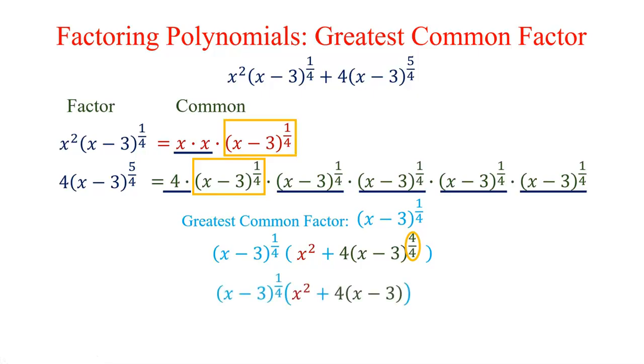So when I simplify that, I'll eliminate this 4/4. So we're almost done with our answer. This 4 times x minus 3, that can be distributed. So the 4 to the x and the 4 to the technically negative 3. So when I distribute that, that'll give me 4x minus 12. So I've just taken my original expression and factored out the GCF.